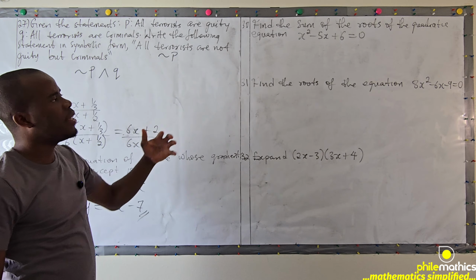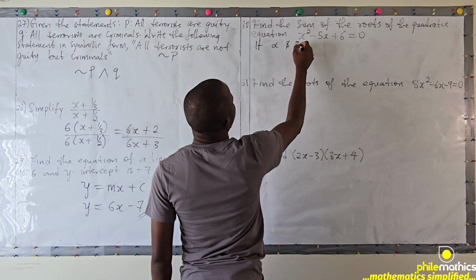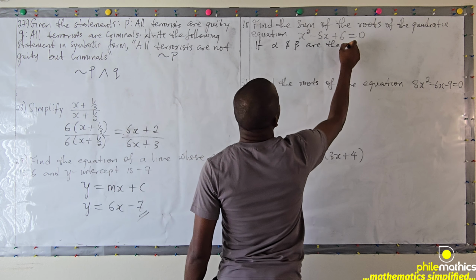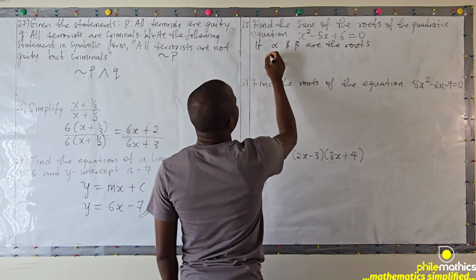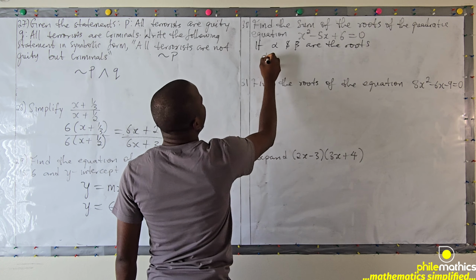The much simpler way is using the fact that if alpha and beta are the roots, alpha plus beta is simply minus b over a. This is a, this is b, this is c. Minus b is minus minus 5 over 1. This is simply 5. This is much simpler than looking for the roots and then summing it.